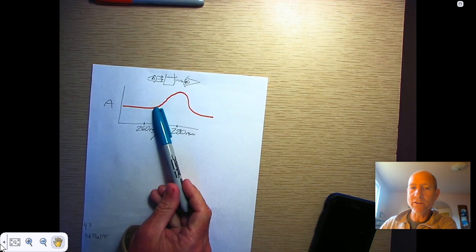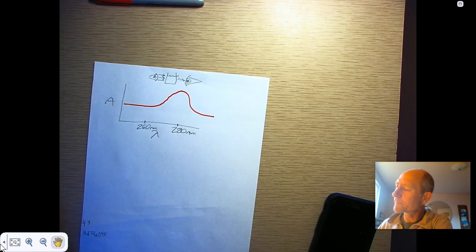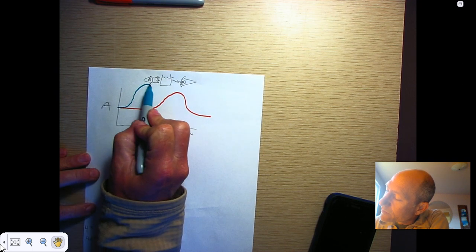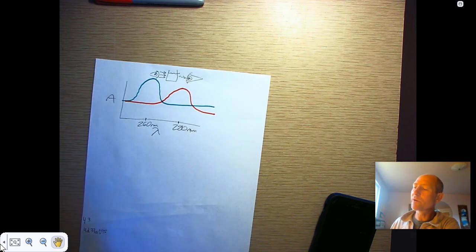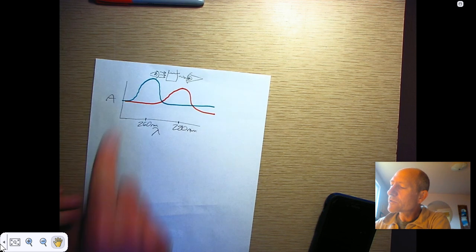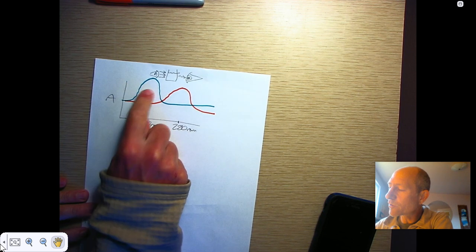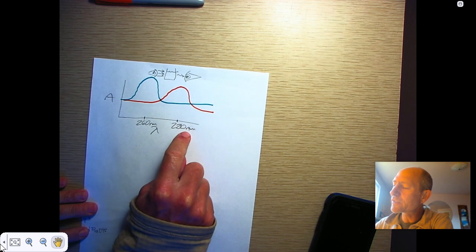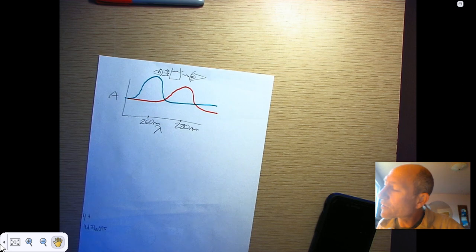Let's use this green one for DNA right here. If we put DNA in there, we'd see a big spike at 260 nanometers. So a pure sample of DNA would absorb a bunch of light at 260 nanometers, and a pure sample of protein would absorb it at 280 nanometers.